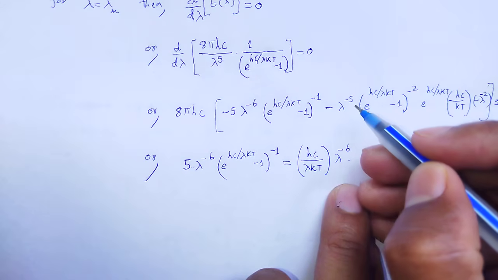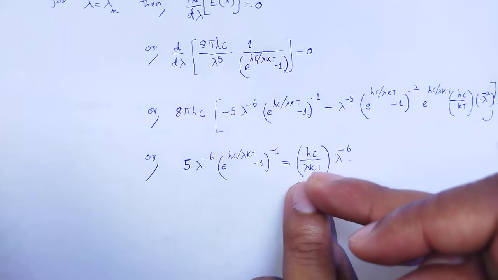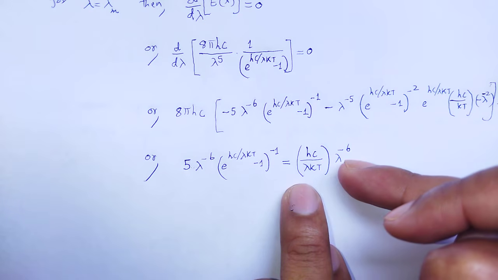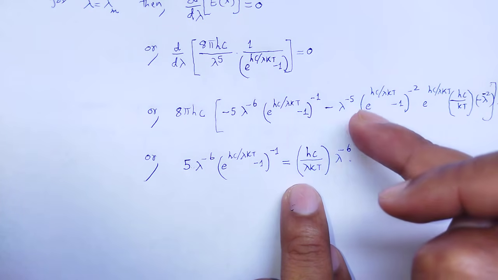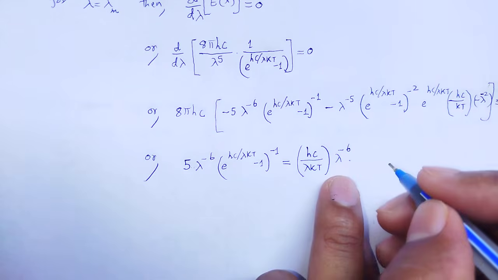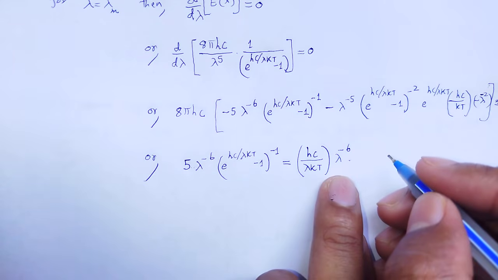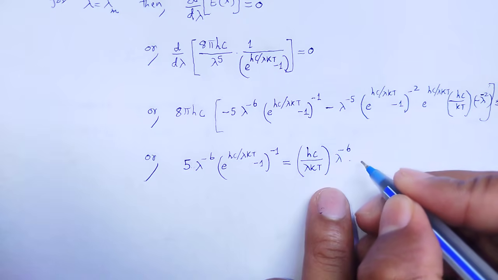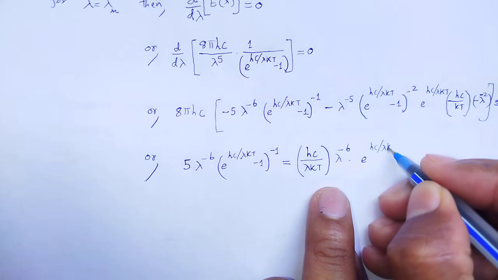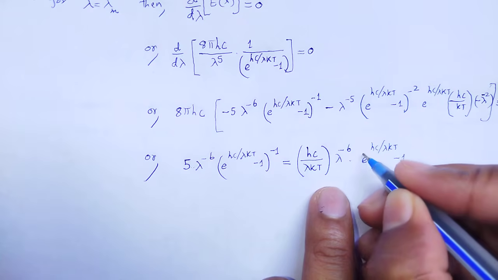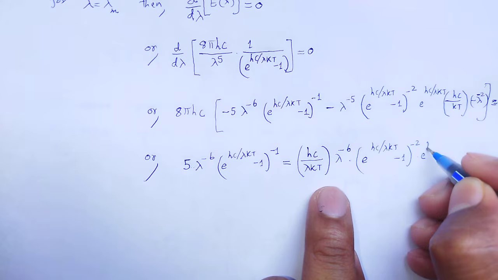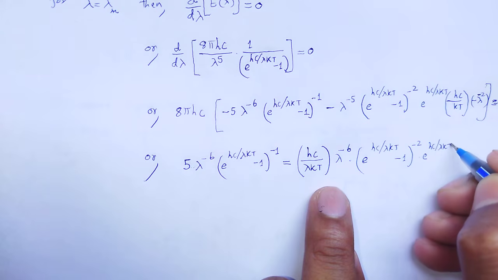So lambda to the power minus 7 divided by lambda, as a result lambda to the power minus 6, therefore that can be changed to this one. Okay. e to the power SC divided by lambda kt minus 1 to the power minus 2, then e to the power SC divided by lambda kt.